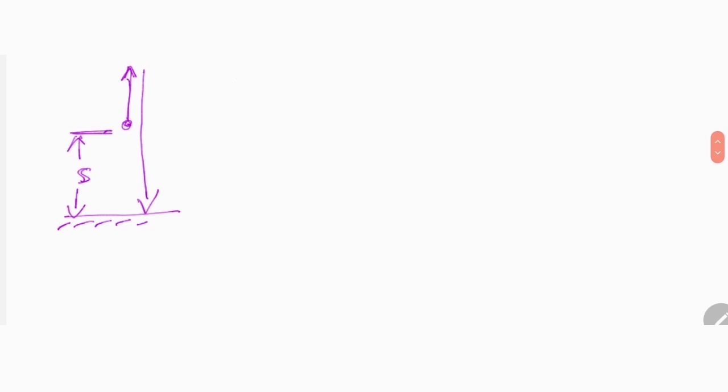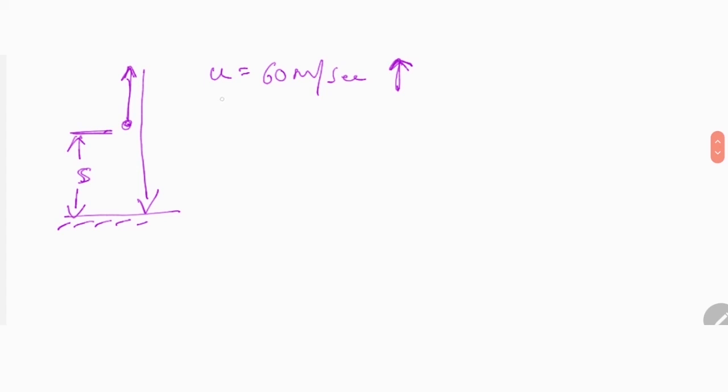and we know that the initial velocity of the ball was, let us say, 60 meters per second, thrown in the upward direction. So just for representation, I am showing you the direction so that we don't make any mistakes in the signs, right?